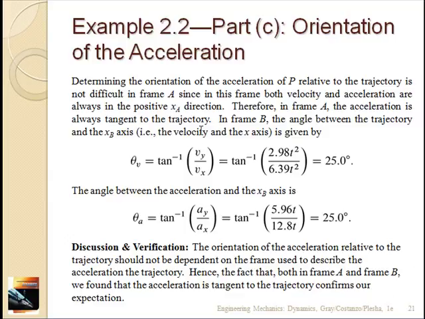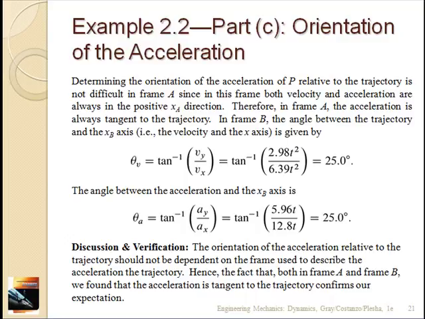All right, now if you want to get the orientation of the acceleration and the velocity for that matter, you can look at the relative components, right? So, for example, if we want to know the orientation of the velocity vector, then the tangent of that orientation is just the ratio of the components.